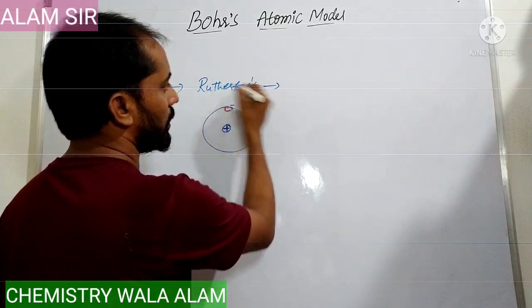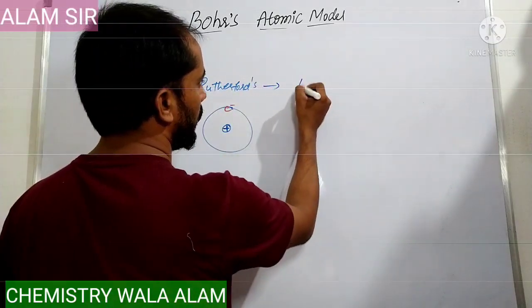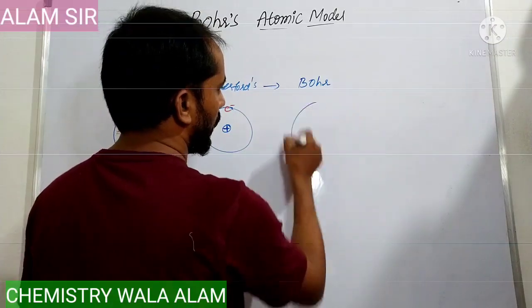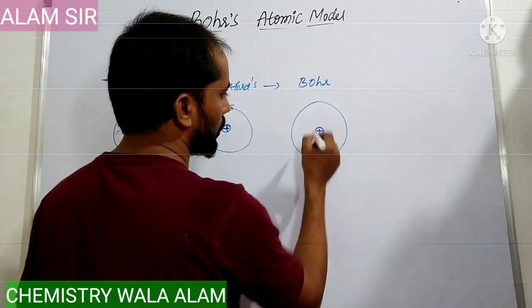Next, Rutherford's student Niels Bohr proposed an atomic model, called Bohr's atomic model.